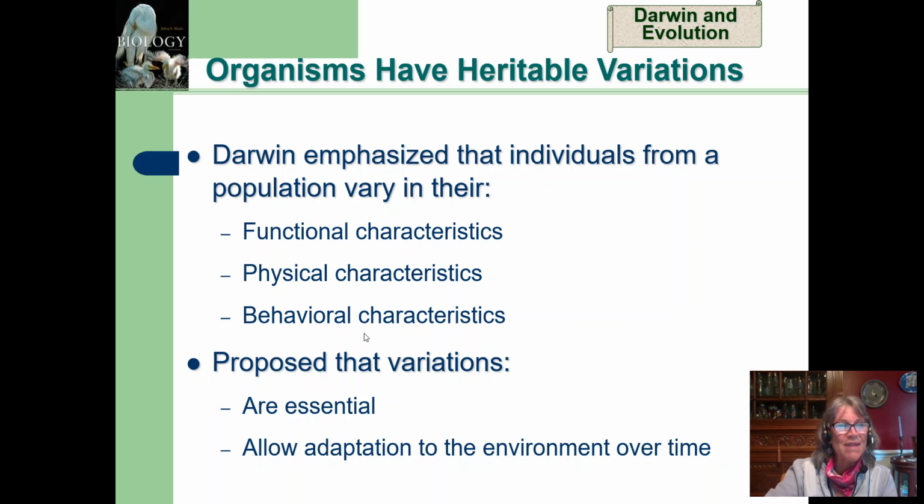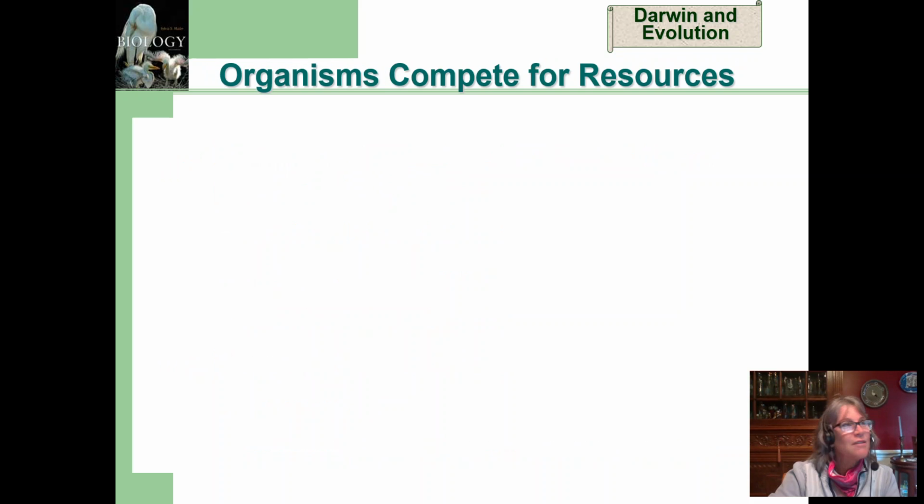That might be the more beneficial trait that's going to get passed on. So we have adaptation, change to the environment to be better suited to the conditions in which you live at that time, and at each generation, the more successful variation will increase in the population from generation to generation.